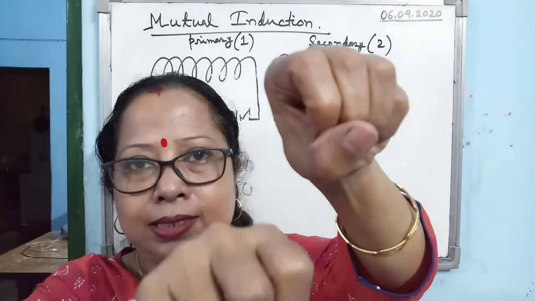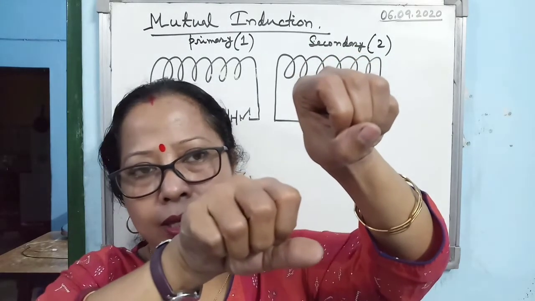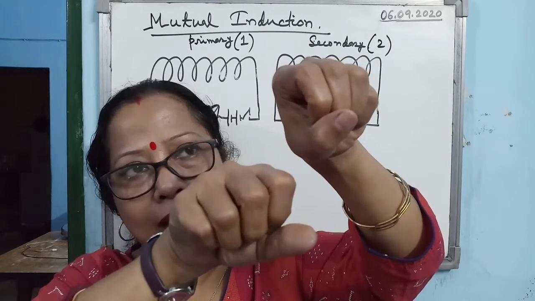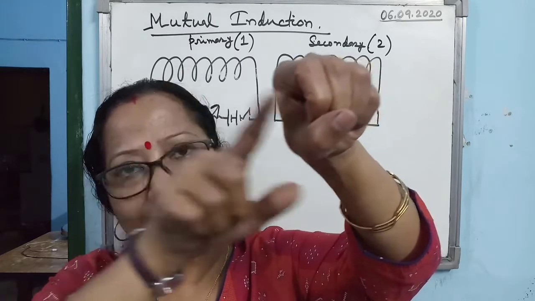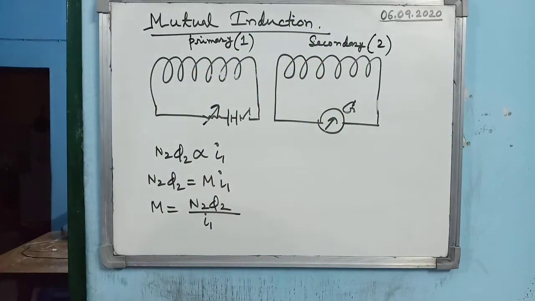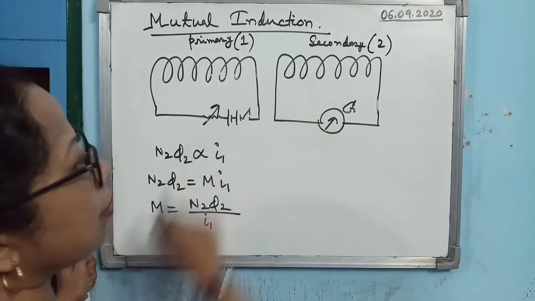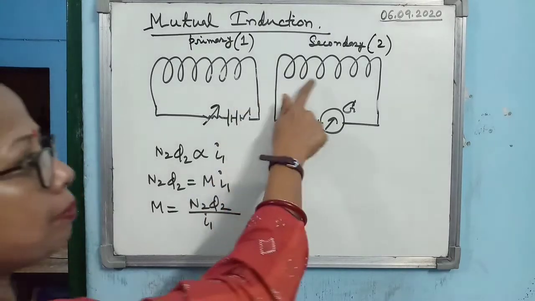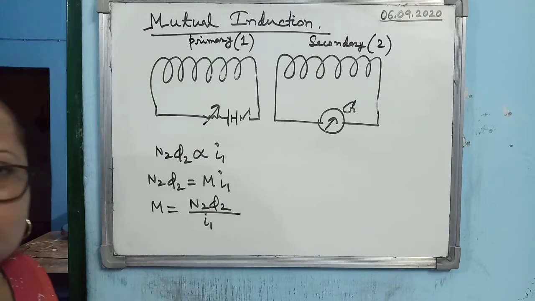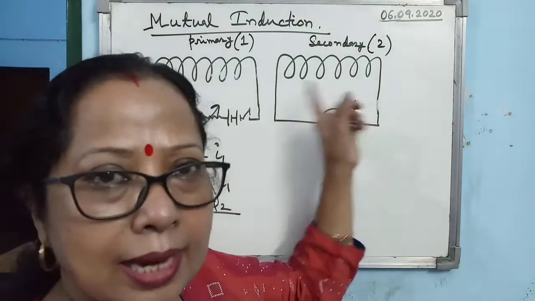But if you place them like this, the flux coming out from the primary will not pass through the secondary. So remember that the two coils are placed in such a way that they are magnetically coupled.